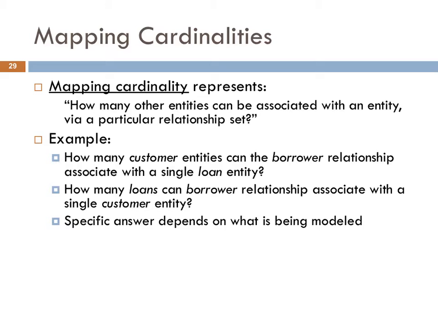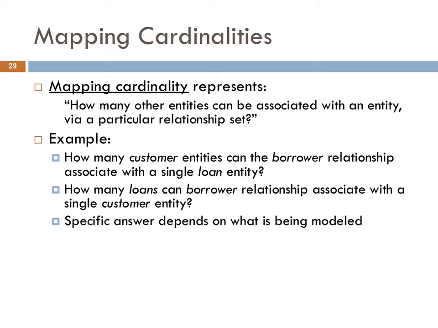How many customer entities can the borrower relationship associate with a single loan? How many loans can borrower associate with a single customer? How do banks work? Can I take out a joint loan with other people? Like my mortgage. My wife and I are on the mortgage together. It's a joint loan.